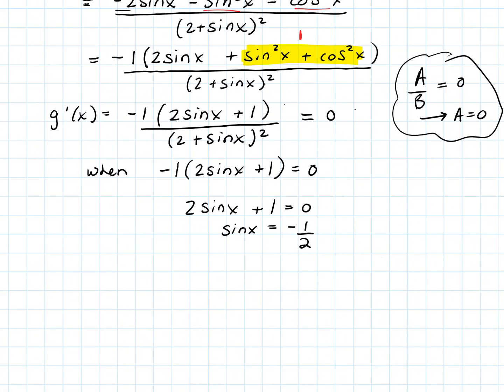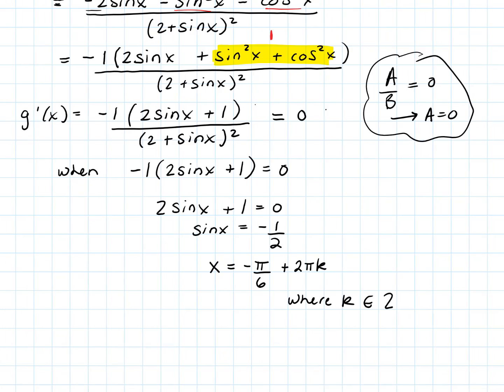And so then thinking about, when does the sine of x equal negative 1/2? Using radian measure, this is going to happen when x is the angle negative pi over 6. But it's also going to happen an infinite number of times every time the sine of x cycles through its period. So it happens at negative pi over 6, and then every 2 pi k after that, where k is an integer.